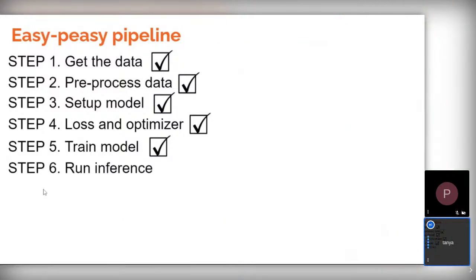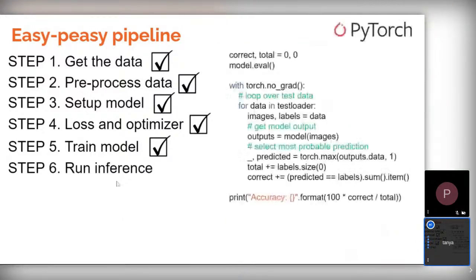And then you can validate your model and run the inference. So here you disable gradients and you load data from the test loader this time. You have images and labels as well. You calculate outputs, but now you see what is the most probable prediction. You want to make sure that for the cat, it predicts cat. So how do you choose it?